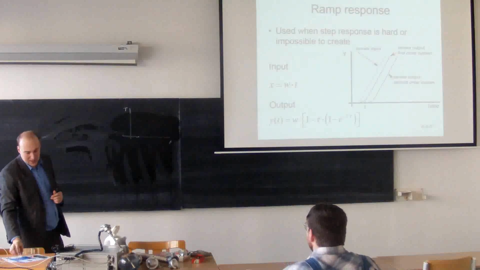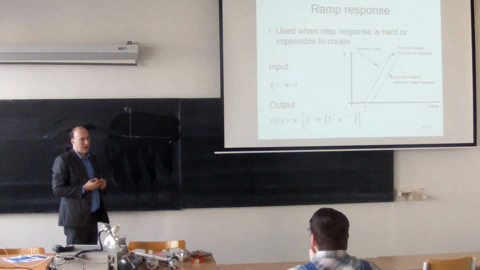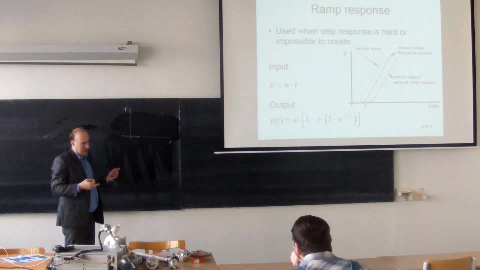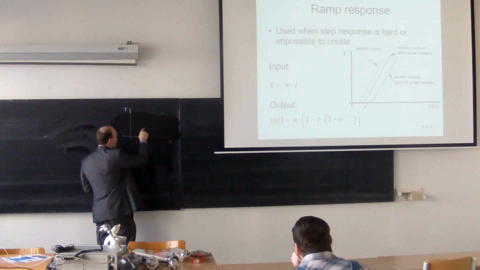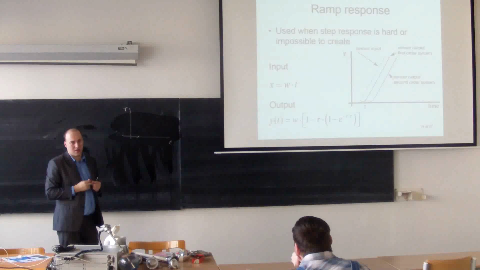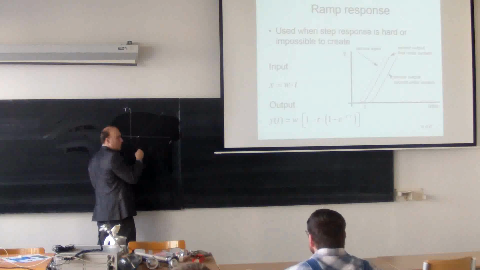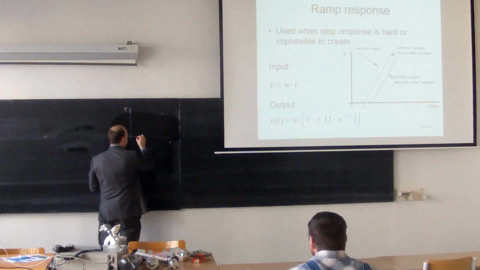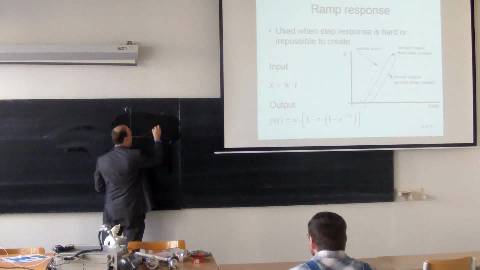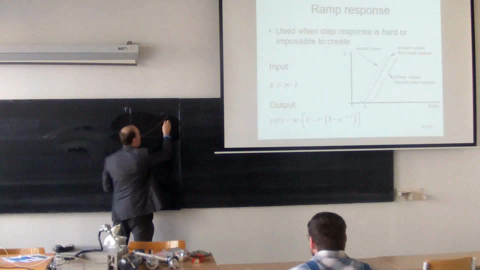That's my input. And now I'm looking for the output. If I assume the first order system, then there will be an immediate change on the output. The sensor has some time constant, so it cannot react instantaneously to the input. So there will be something like that. So this is the first order ramp response.